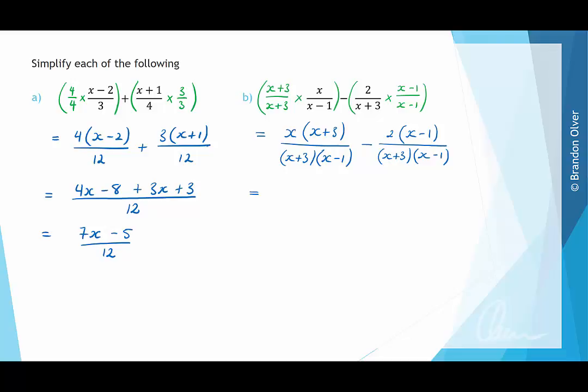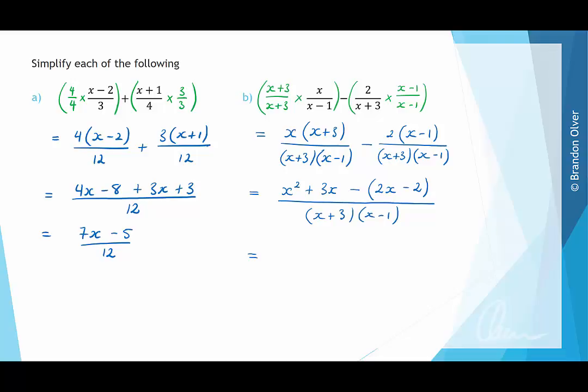So expanding the first set of brackets, we're going to have x² + 3x. And then we're going to subtract, and this is going to be 2x − 2 when we expand it. All of that is still divided by (x + 3)(x − 1), which is our common denominator.